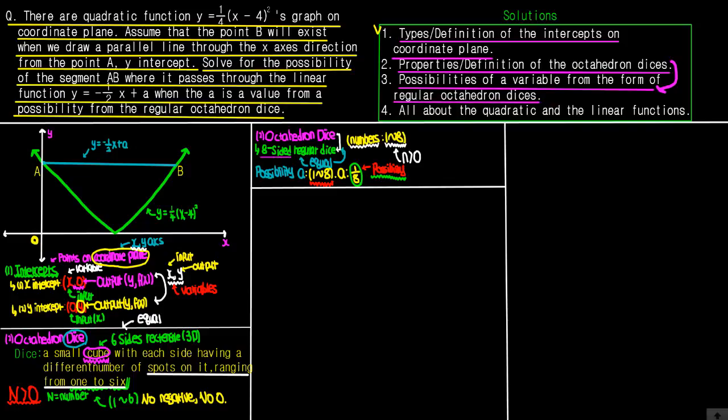And we have our last thing that we need to think about in order to approach this question, which is all about quadratic and linear functions. Think about just a function, not a quadratic or a linear function. It is something that requires a specific input. With that specific input, since we input a specific value into the original equation that the function has, we generate a specific output of our function.